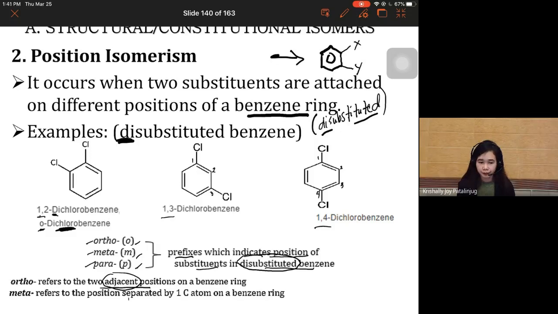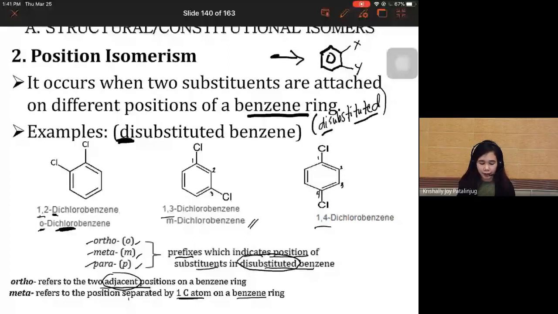Next, meta. The meta position refers to positions separated by 1 carbon on a benzene ring. So the two substituents are 1 carbon apart, with one carbon in between them. That is why the second structure can also be named m-dichlorobenzene. Again, meta is used when the two substituents attached to a benzene ring are 1 carbon apart.